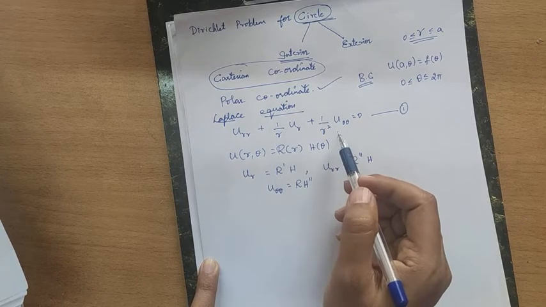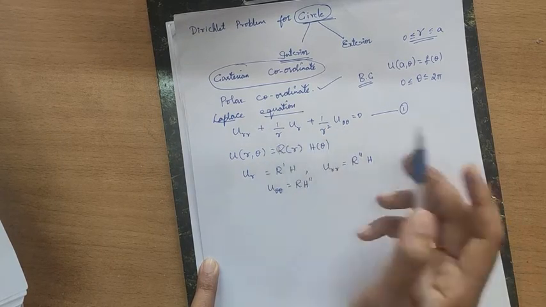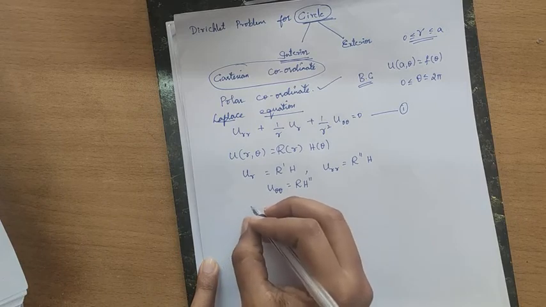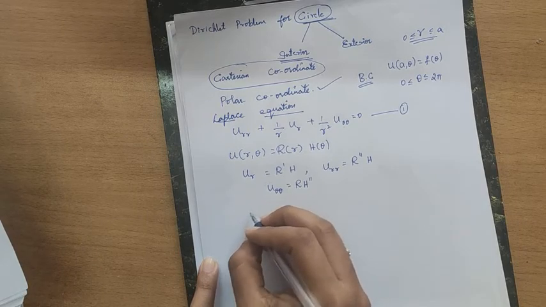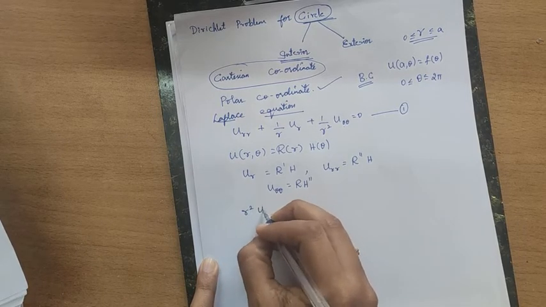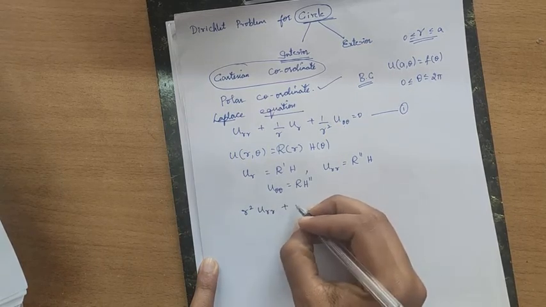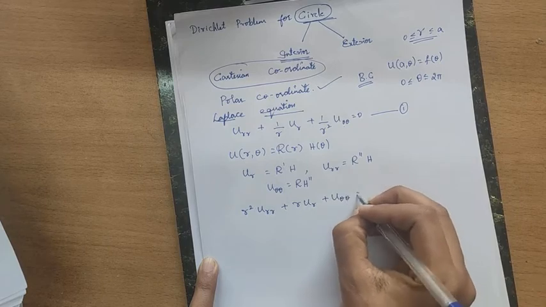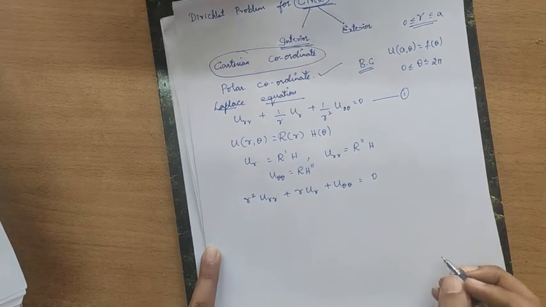Before substituting the values, let's rewrite this equation. Okay, so r square U_rr plus r U_r plus U_theta theta is equal to 0.